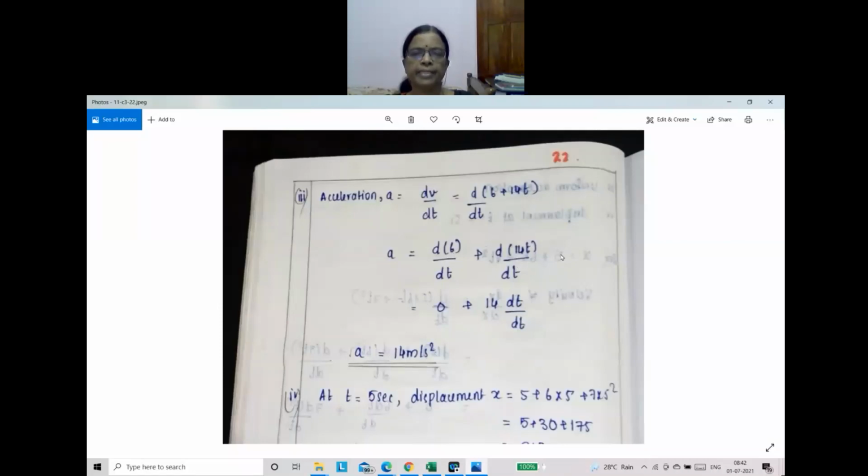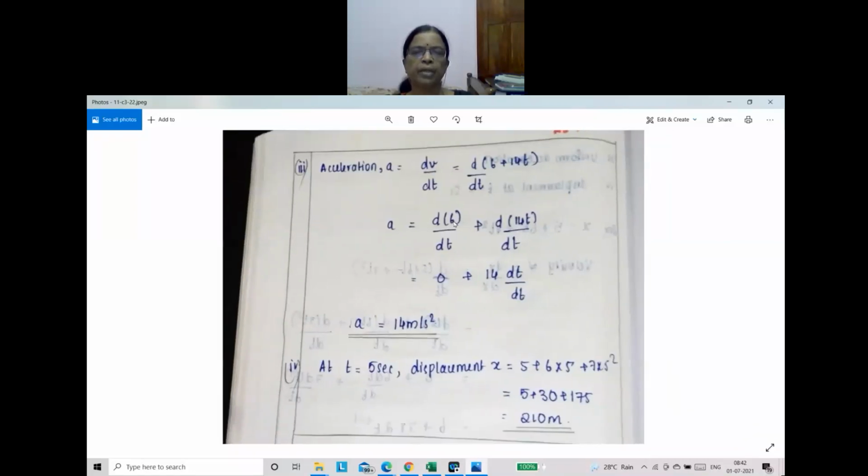Then we know the derivative of a constant is 0. Then 14 is a constant, so it is taken outside. Then we have to write dt by dt. dt by dt is 1. So what remains? Only 14. 14 into 1, 14. And the unit is meter per second square.